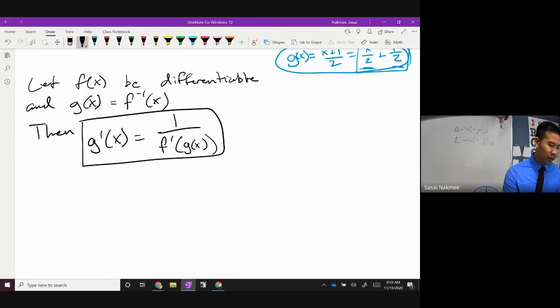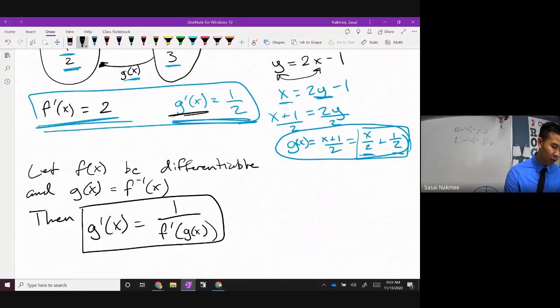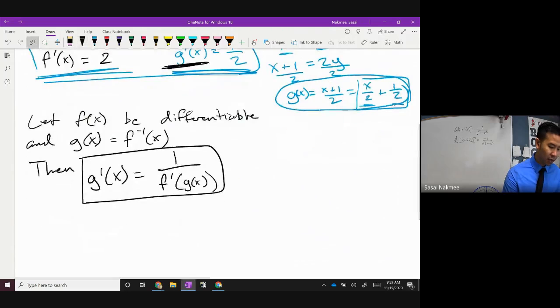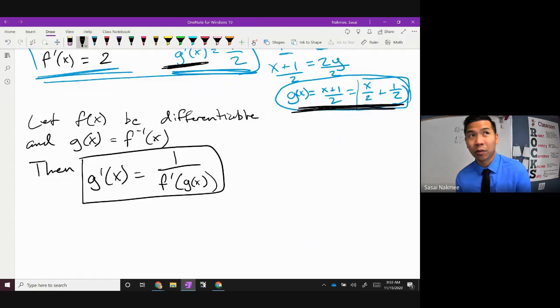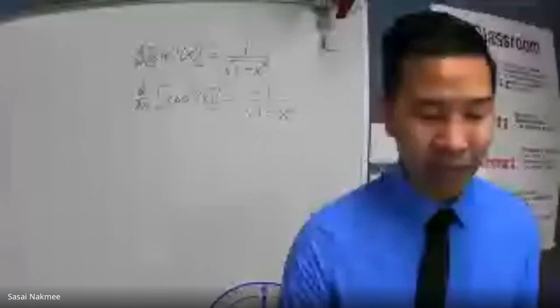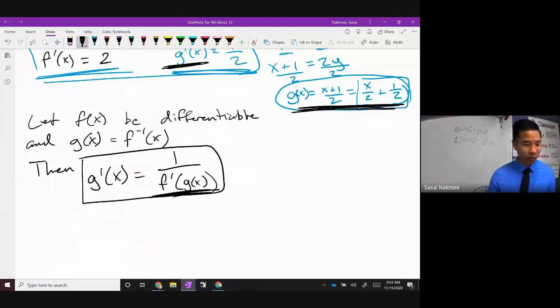So earlier when I had these functions right here and I was looking for the derivative of g of x, I didn't even need to find the inverse. You're like, what does this all mean? Let me just do a problem for you and then work this out. What I'm saying is sometimes if you're looking for the derivative of the inverse function, you don't need to find the inverse function. And in fact, knowing that makes it a lot easier, because sometimes finding the inverse function is not that easy.